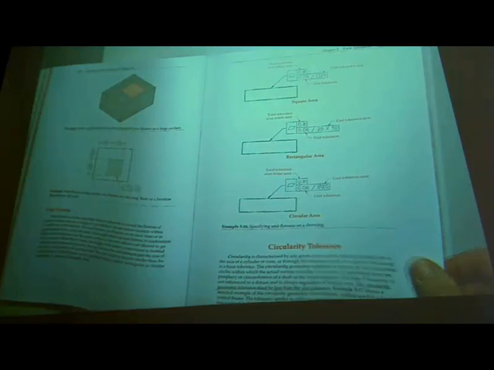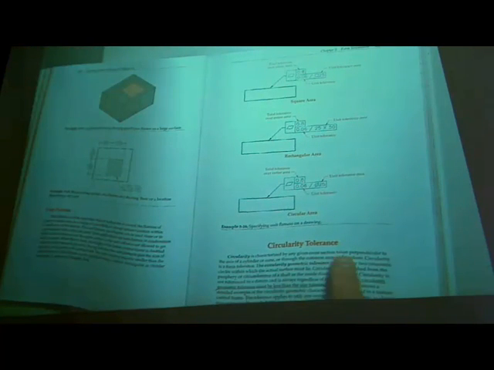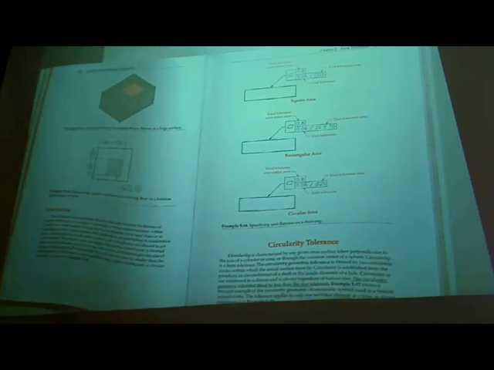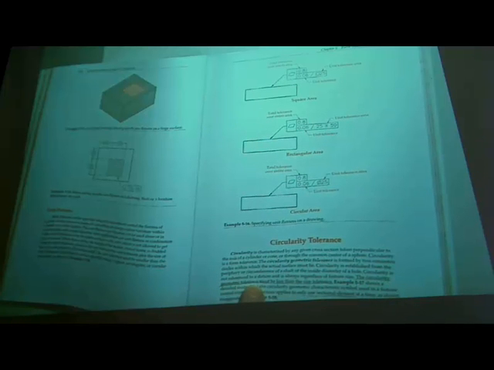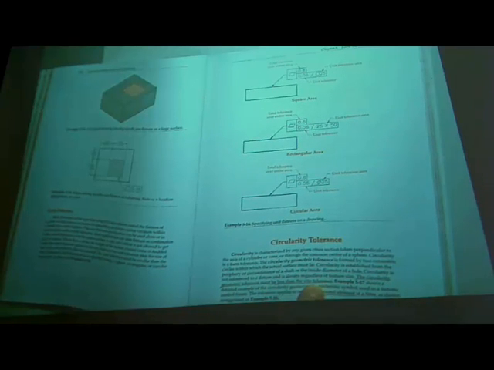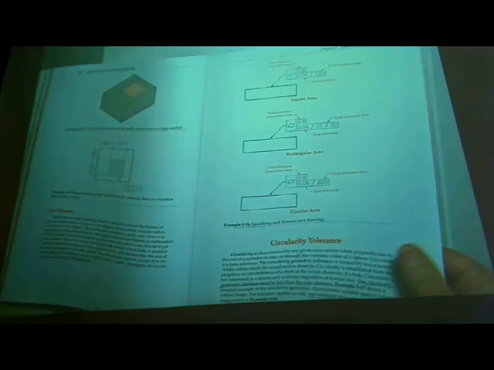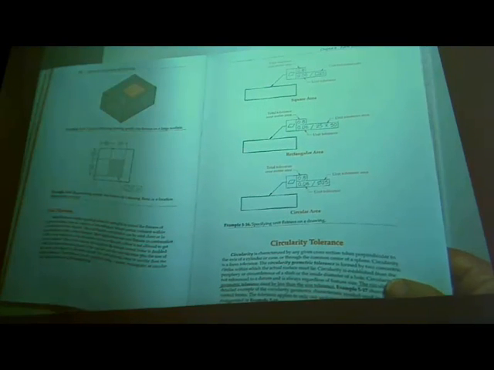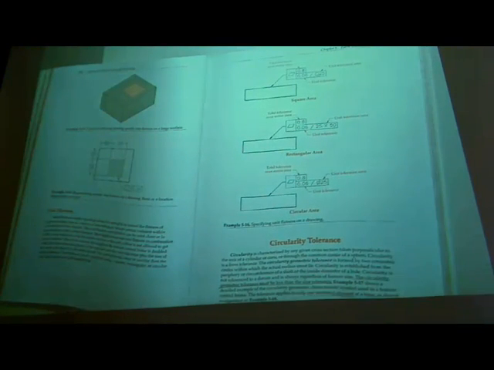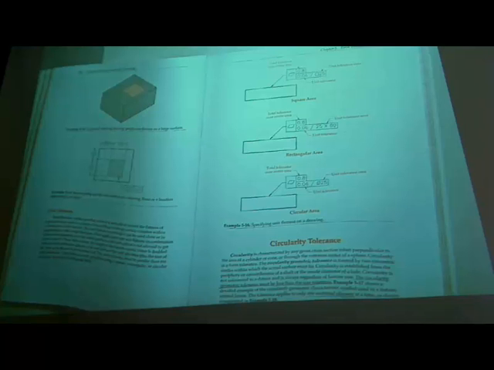Then circularity. It's a cross section taken perpendicular to the axis, and the circularity geometric tolerance zone must be less than the size tolerance. Okay, so it has a restriction on it. In the other situation, for straightness of a shaft, it can fluctuate.